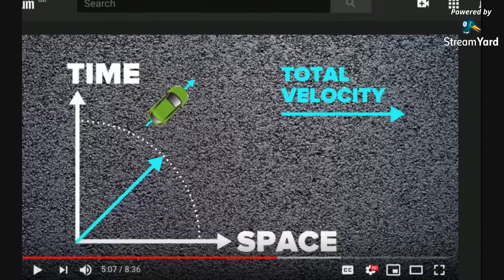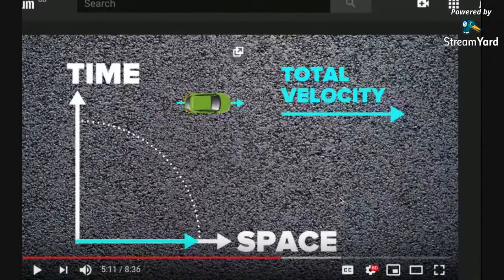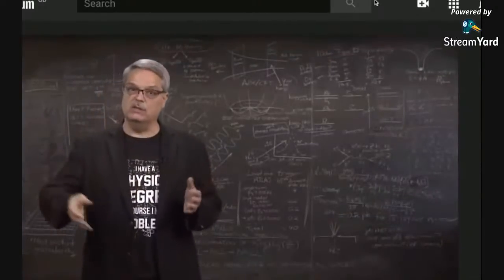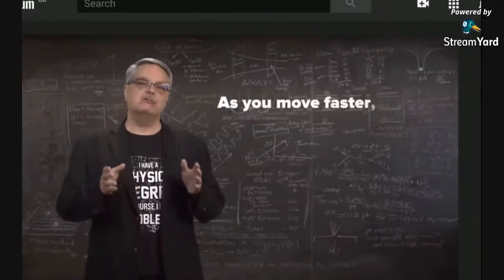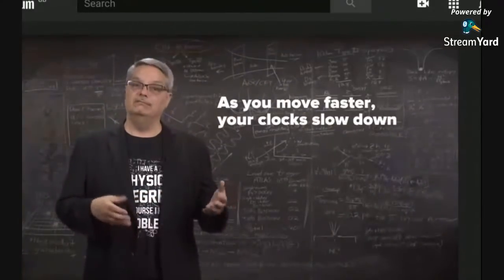Sorry. Actually, when you move only through space, you don't move through time at all. Only through space. God, how do these guys get away with this? And this is basically what relativity says. As you move faster and faster, your clocks slow down. And as you get very close to the speed of light, your clocks very nearly stop.